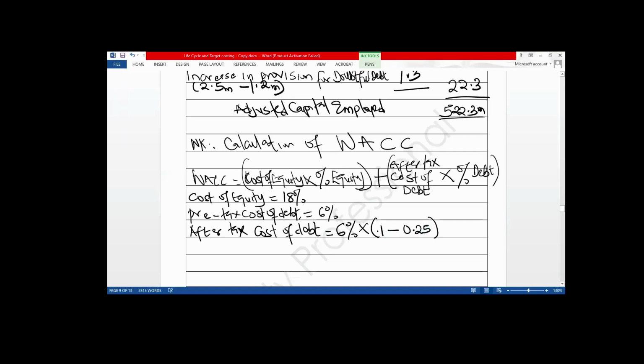You can also call it cost of debt net of tax or after-tax cost of debt. Please compute your after-tax cost of debt.